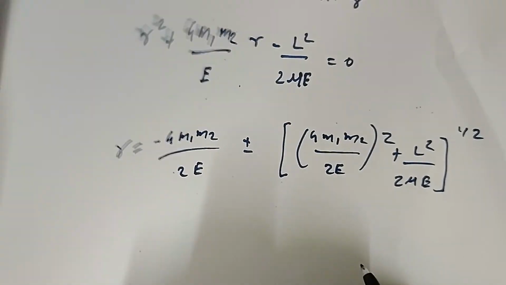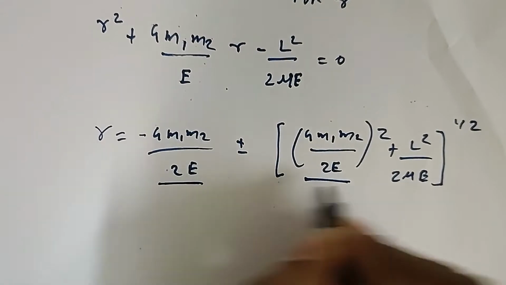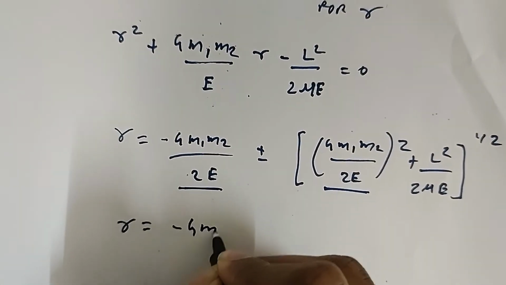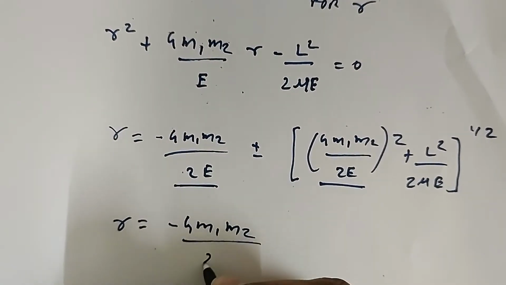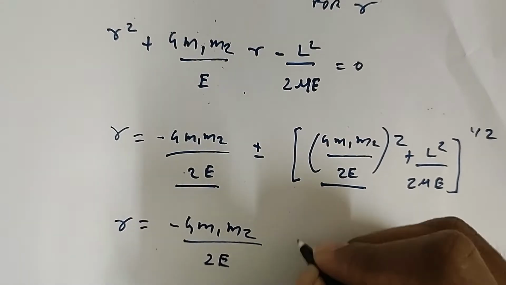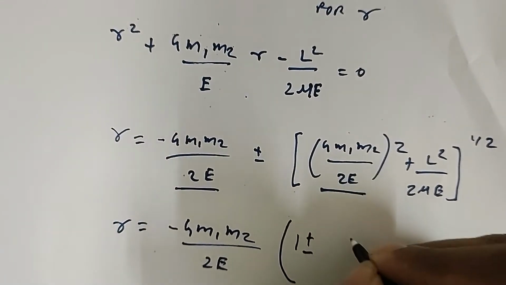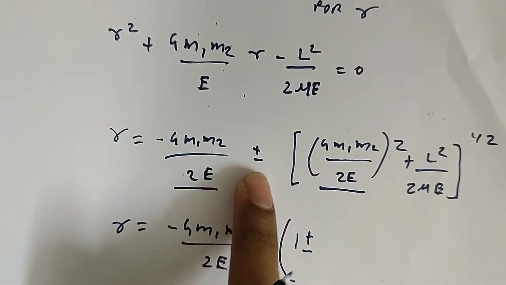okay. Now I'll take this term common, and I take common from this square root. That's really helpful, because it helps me to visualize the eccentricity part very nicely. So I've taken common, I get 1, then plus minus sign.